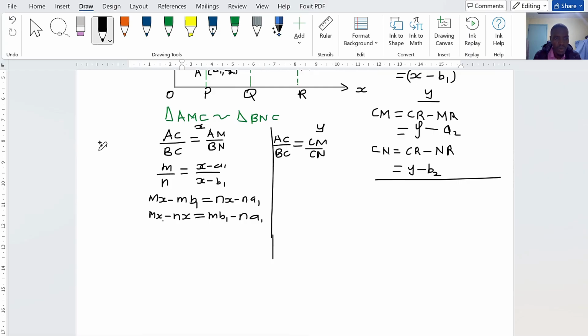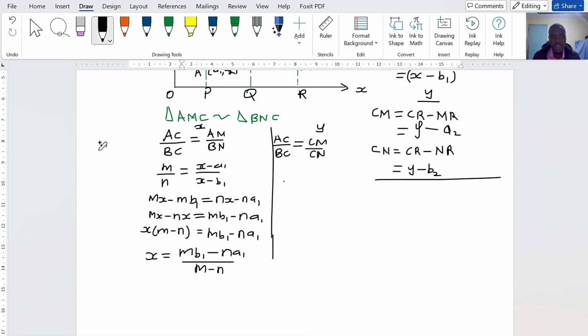To proceed, we factorize X. So we'll have X into M minus N equals MB1 minus NA1. Now find the value of X by dividing by M minus N. So X is equal to MB1 minus NA1, all this divided by M minus N.